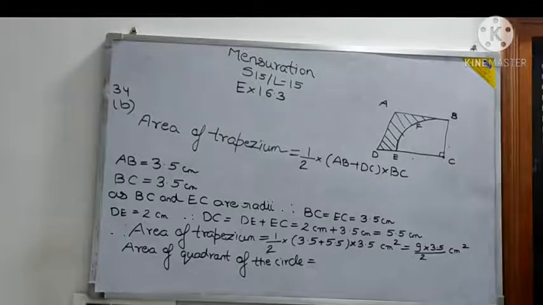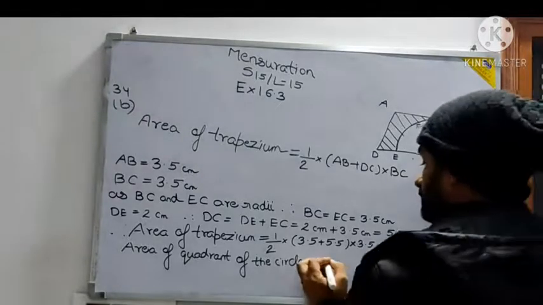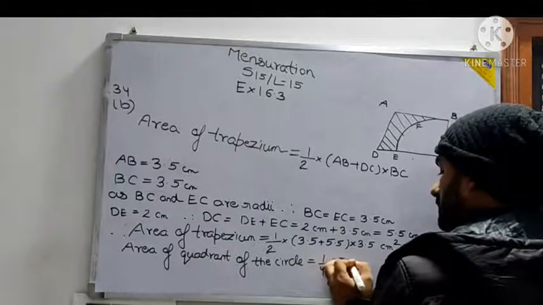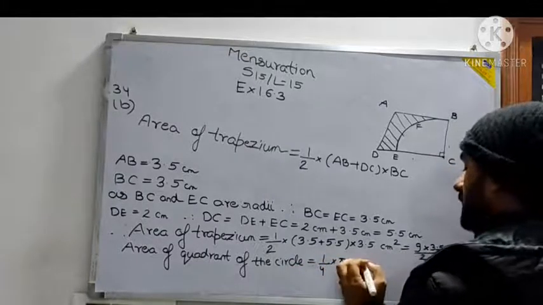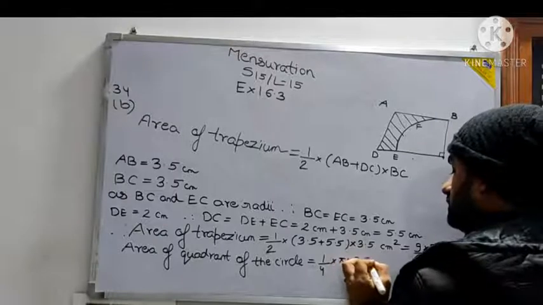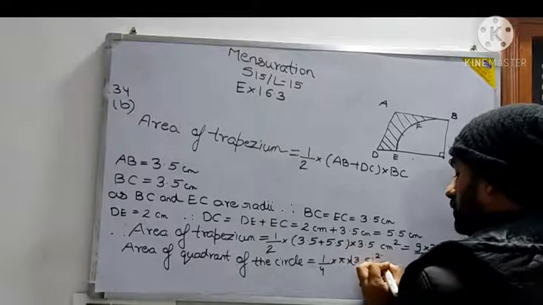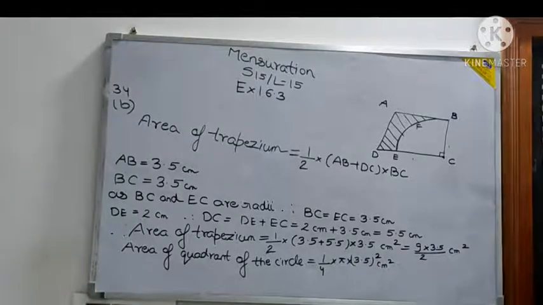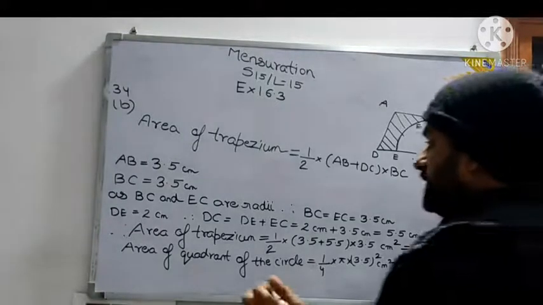See, quadrant means quarter. So 1/4 into pi. R is what here? R is 3.5 square, centimeter square. Now, I think you can calculate some value of it, because again 3.5 into 3.5, somewhere you have to go with that only.